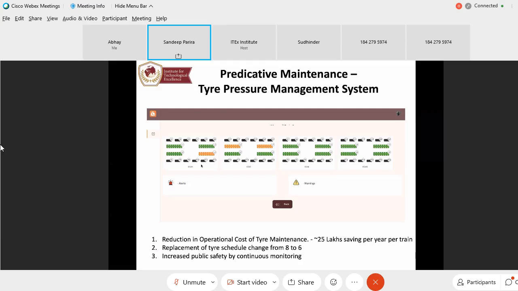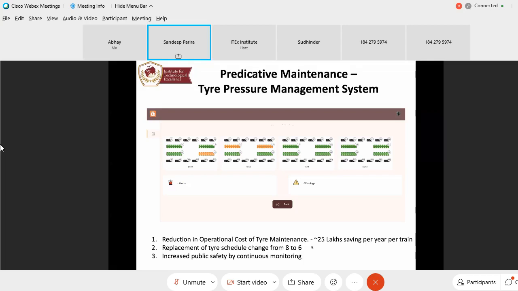So we started with a score based system, based on different critical parameters, mainly the pressure inside and the health of the tires. Based on that, we started predictive maintenance. We found that it reduces the operational cost of tire maintenance by around 25 lakhs per year per train.